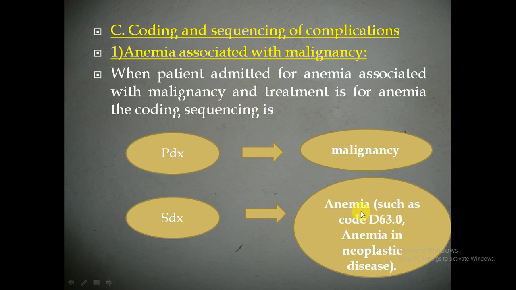So a simple anemia code we should not give, we have a combination code for that, that is anemia in neoplastic disease, that is D63.0. So whenever a patient is having the neoplasm and anemia is also there and the treatment is only to the anemia, in those conditions we have to give the principal diagnosis as malignancy and secondary as anemia.